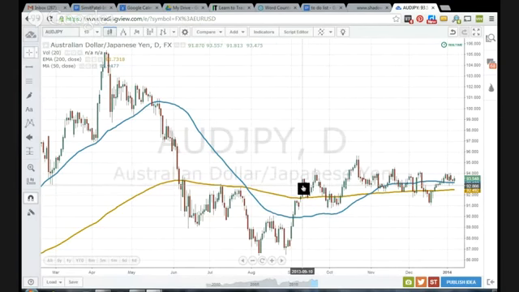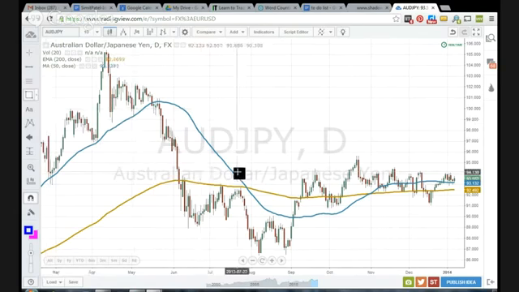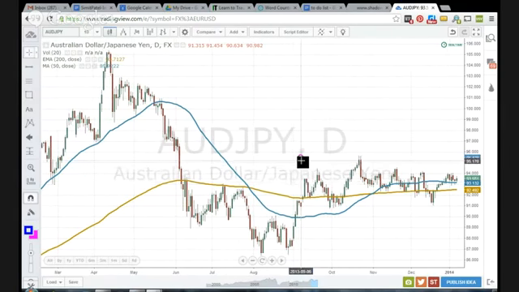So once it breaks out of this range, let's actually draw that range just to give an idea. That didn't work out too well.